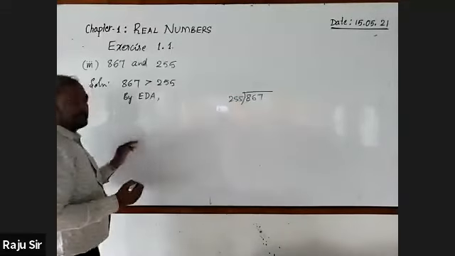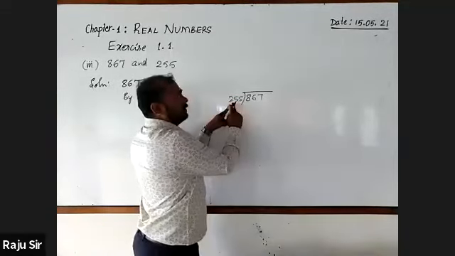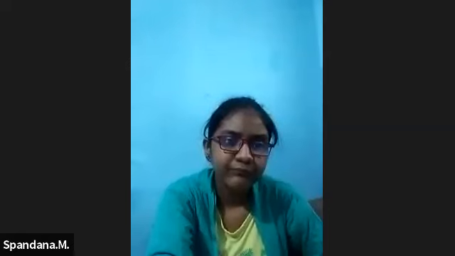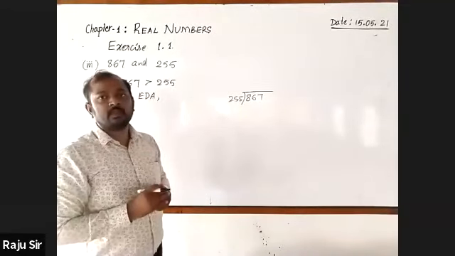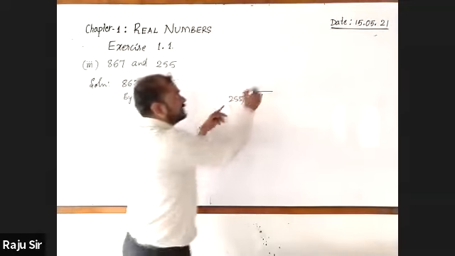How much, sir? 3, sir. Very good. You are right, because 255 threes are 765. It is close to this.